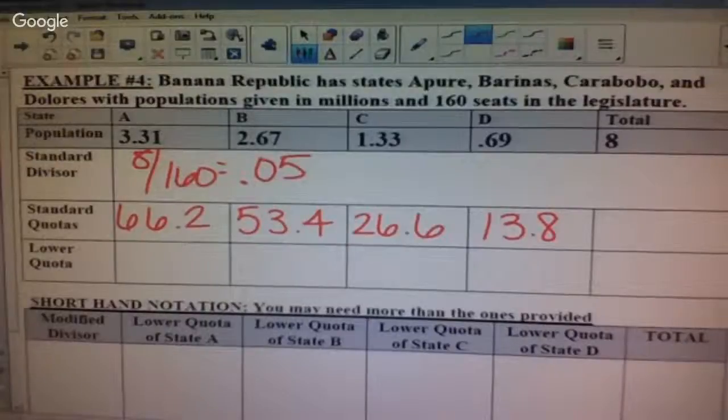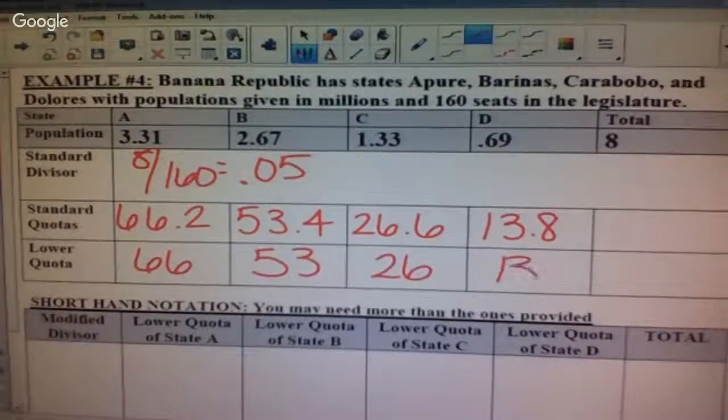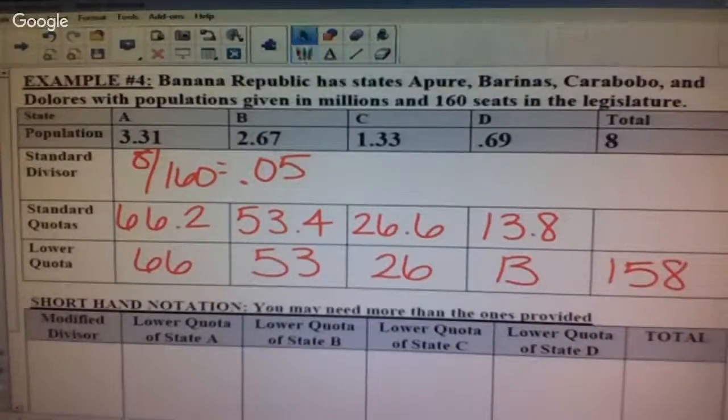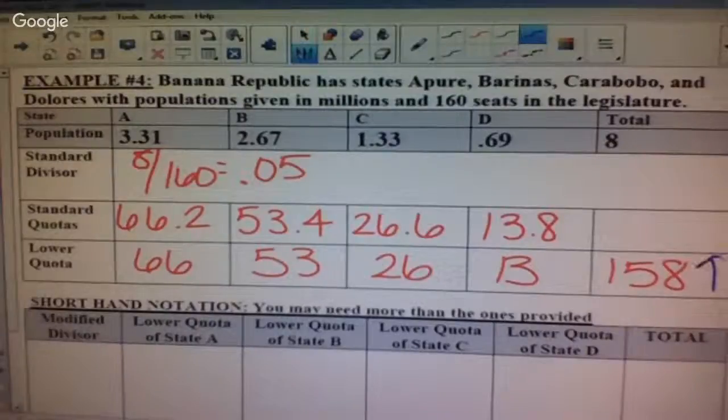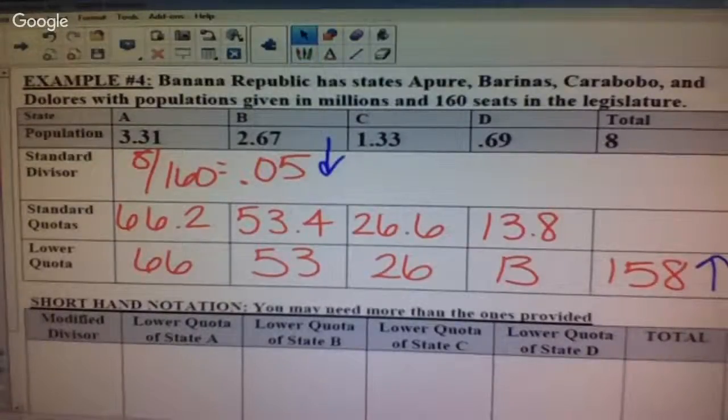So from here on out, we really don't need those decimals because we're not giving out seats according to the decimals. When I give lower quotas in, that gives me 66, 53, 26, and 13, which starts me off at 158. So this number needs to go up. So I need to guess a standard divisor that goes smaller.